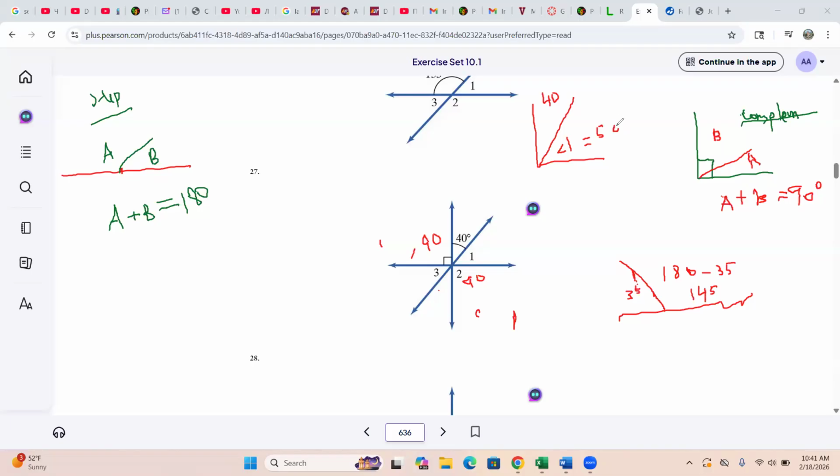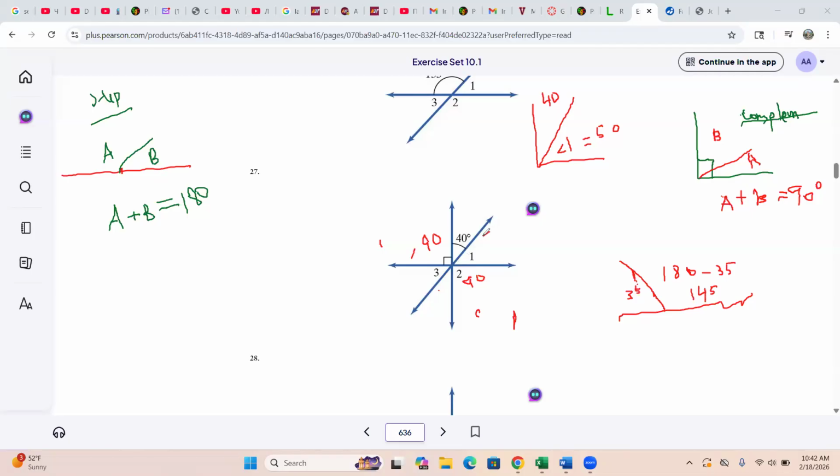And say, Alex, how do you know they're complementary? Well, since these two lines intersect at a 90 degrees angle, the opposite is going to be 90, and then the two others are also going to be 90 because of the straight angle idea, 90 and 90 is 180. So everything is 90 degrees measured. And that's why we found angle 1 was a measure of 50 degrees, right?